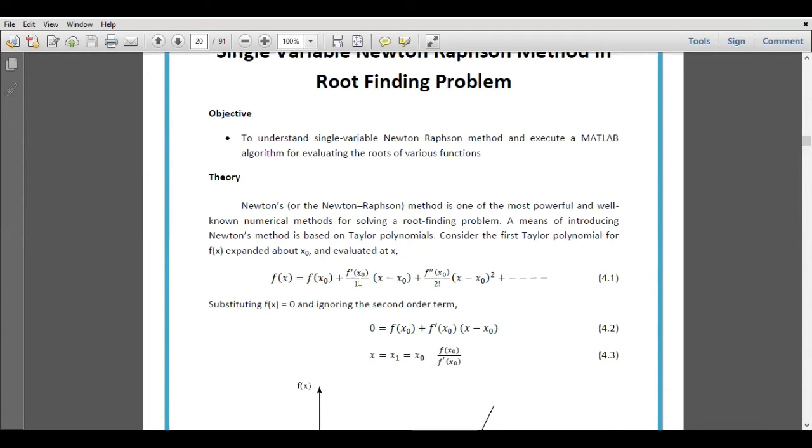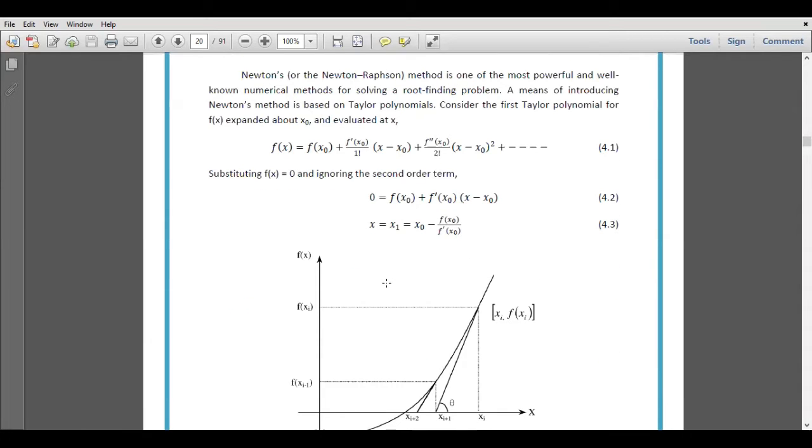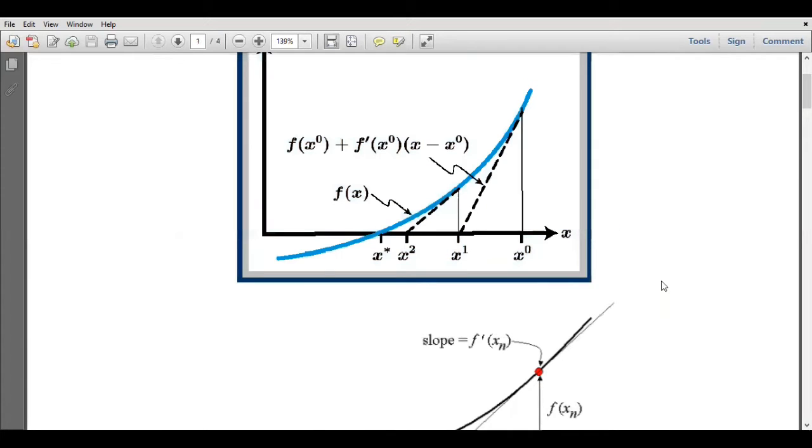In this equation, we have to substitute f(x) equal to 0 because when x naught is our initial guess in this figure, then this equation belongs to this straight line, which is starting from this point x naught.